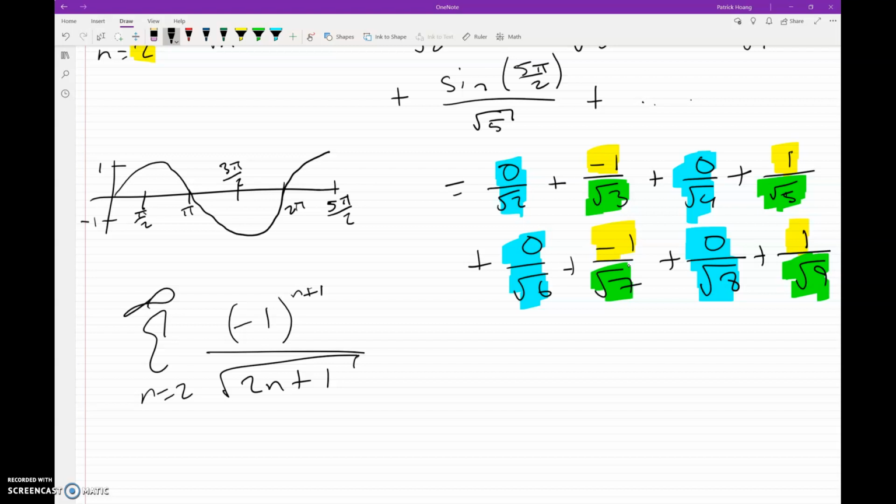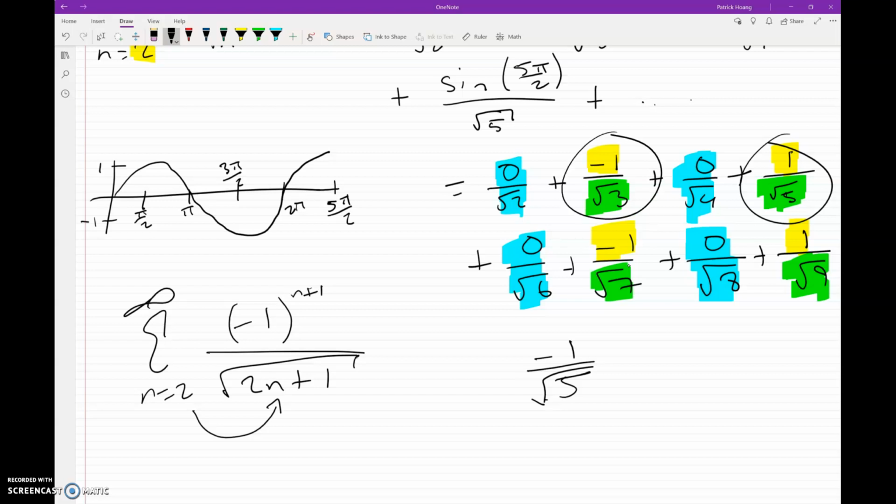But, same thing like before, let's check. If I substitute in 2 in for n, 2 times 2 is 4. 4 plus 1 is 5. So our first term would be -1 over the square root of 5. That's right there, but we don't have this one.